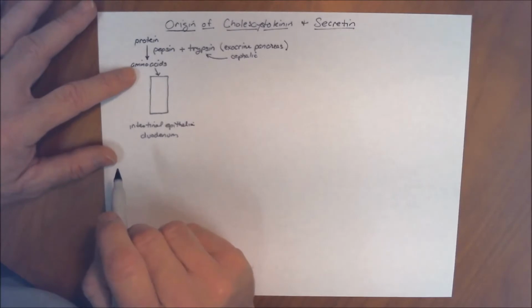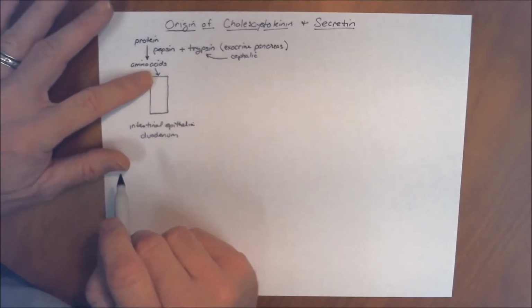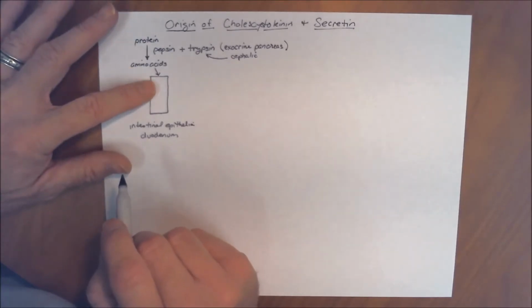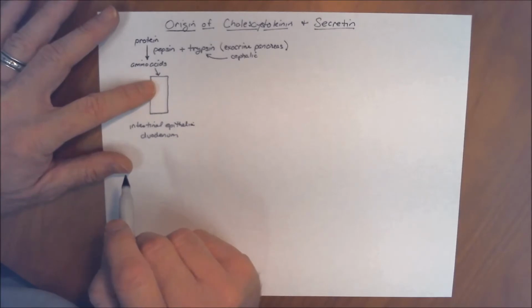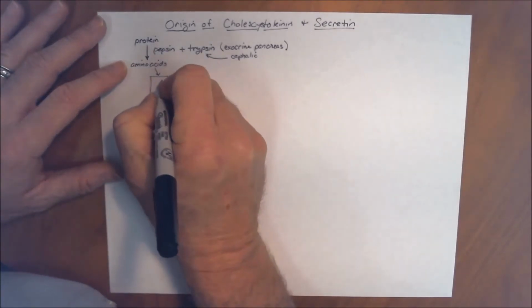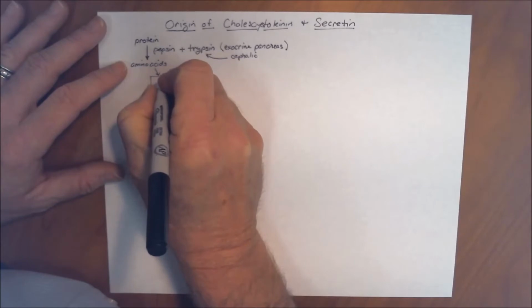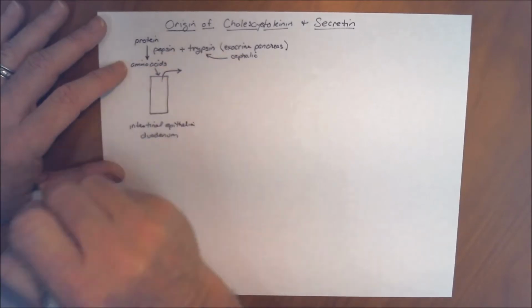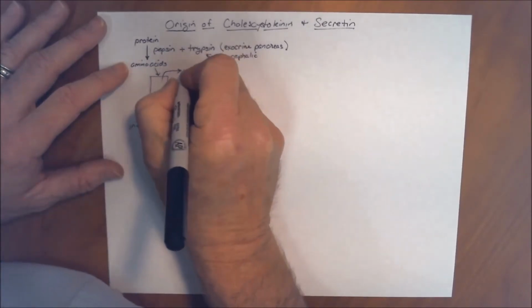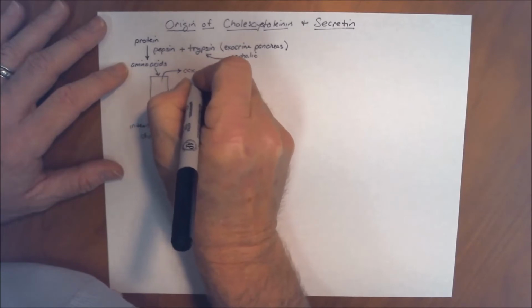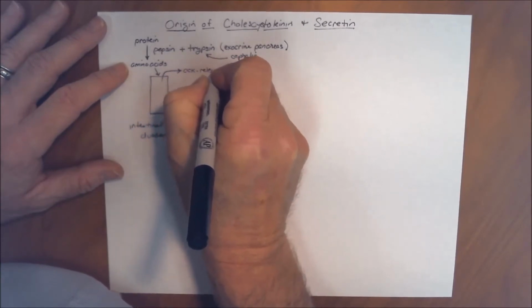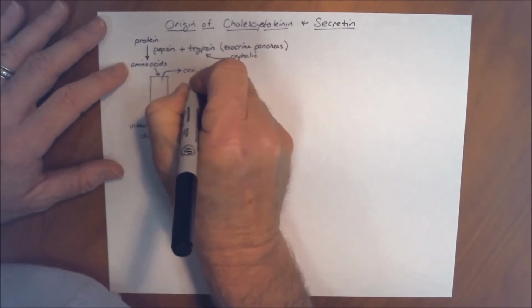So once we have these amino acids, they bind to receptors, they send signals through here, and they are going to release a small protein called CCK releasing peptide.